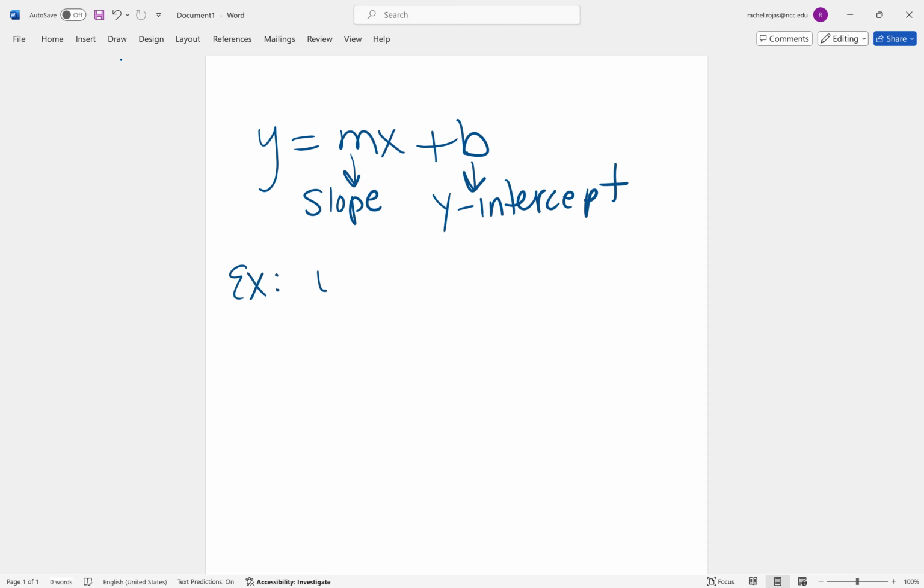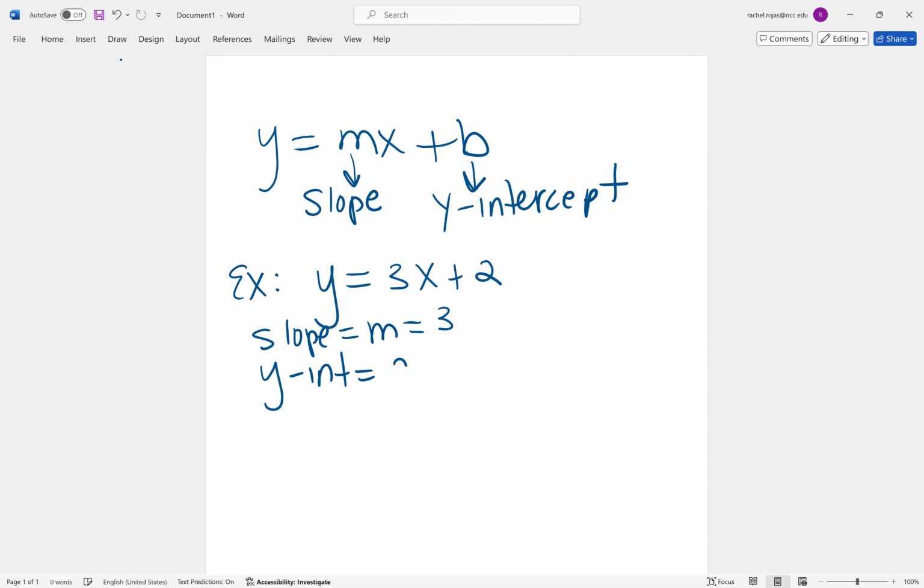Let's say we had the equation y is equal to 3x plus 2. So in this case, my slope, which is m, is equal to 3. And the y-intercept is equal to 2.